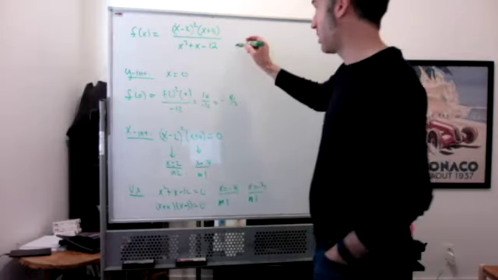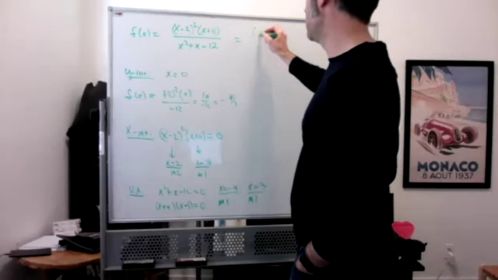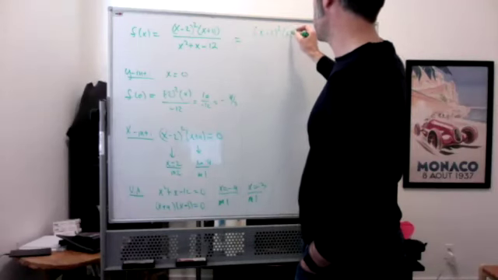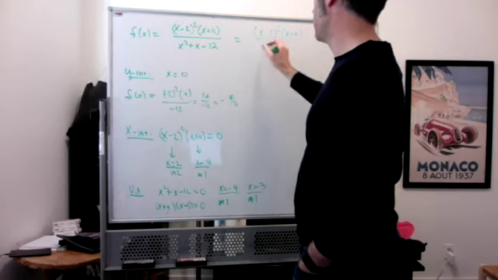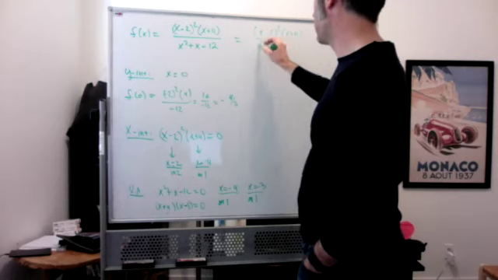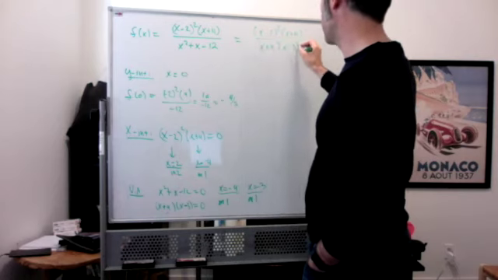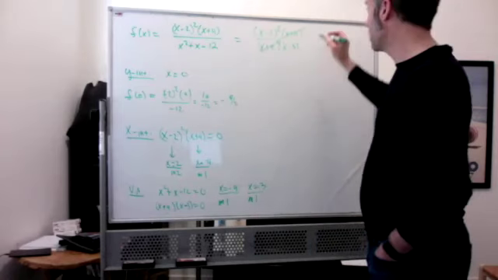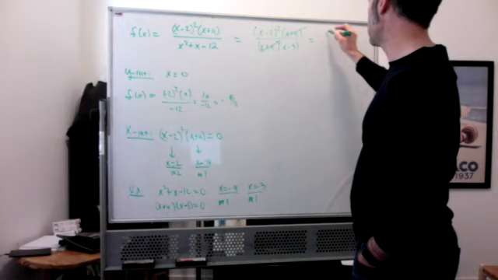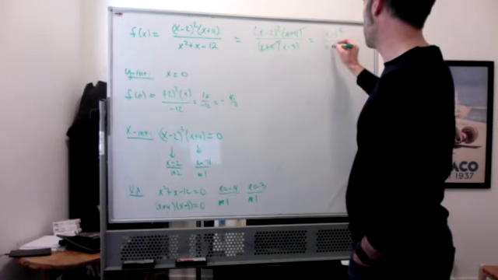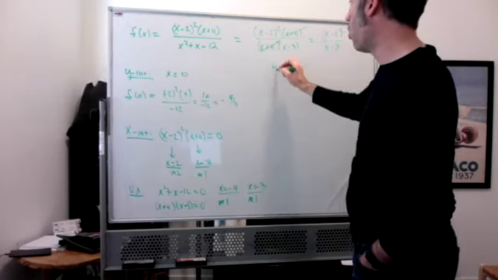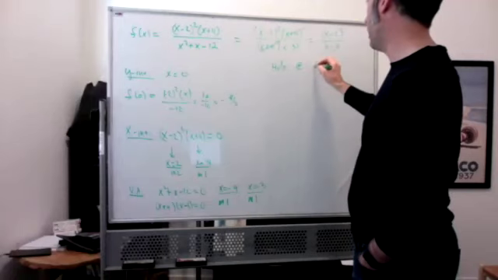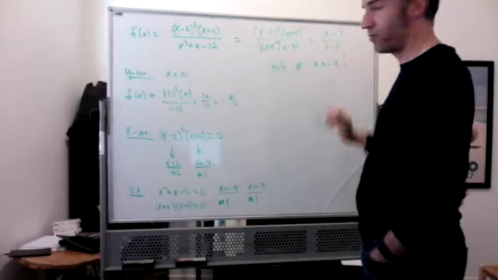We should look at this and say, oh, this is x minus 2 squared times x plus 4 over x plus 4 times x minus 3, and those x plus 4's cancel out, which means this is equal to x minus 2 squared over x minus 3, and we have a hole at x equal to -4.